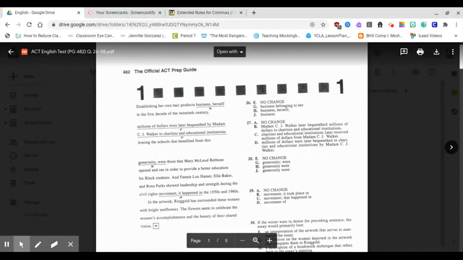This answer choice uses commas correctly by adding herself as an interjection. So, establishing her own hair products business, herself, in the first decade of the 20th century. Adding an interjection into that introductory clause would not necessarily be incorrect. And then looking at answer choice J, establishing her own hair products business in the first decade of the 20th century.